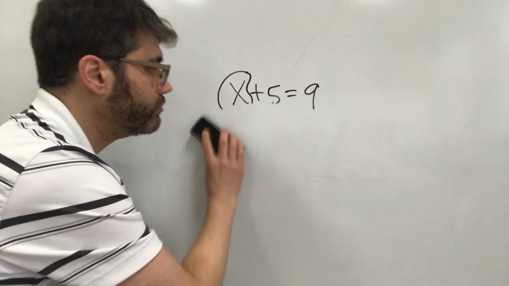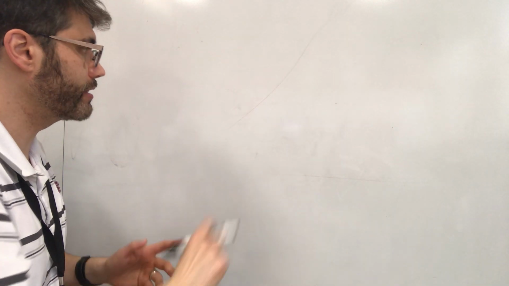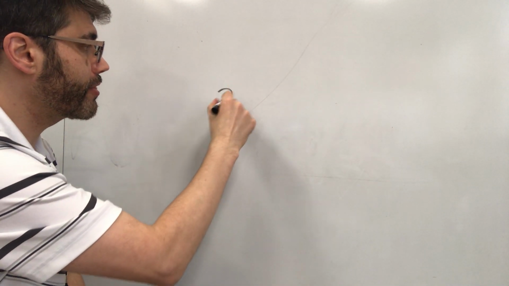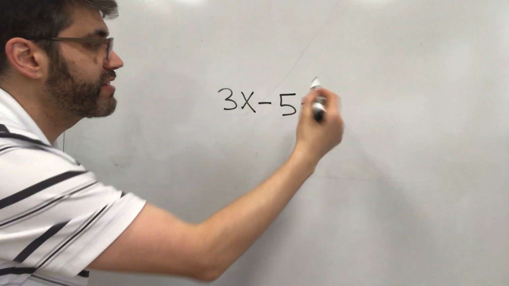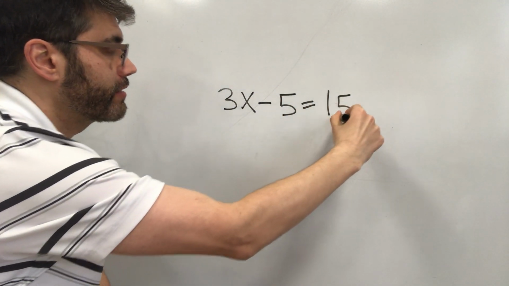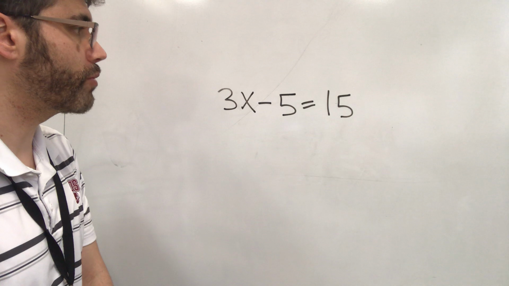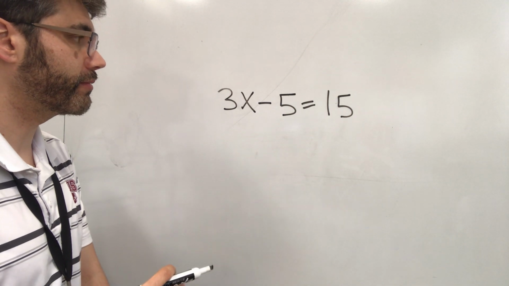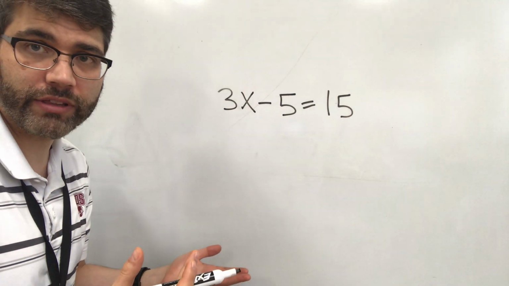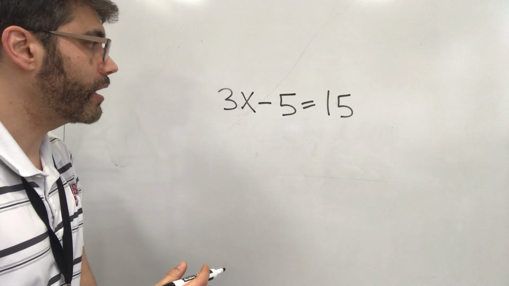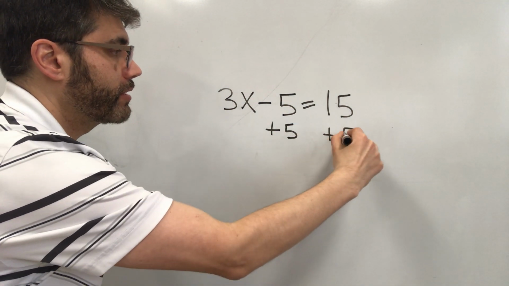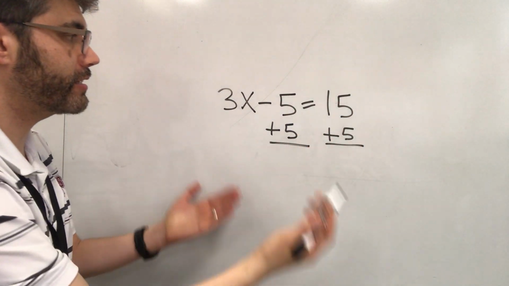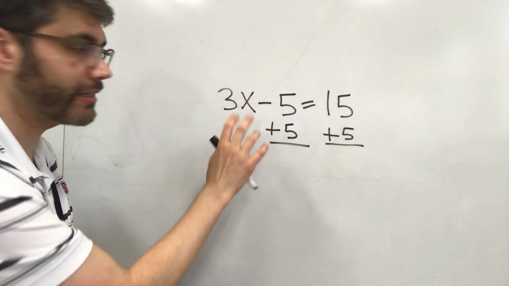So if you're given, for instance, let's say 3x minus 5 equals 15, okay? Let's say that you want to solve this equation. You would add 5 to both sides because you want to keep this equation balanced and you want to get x isolated.